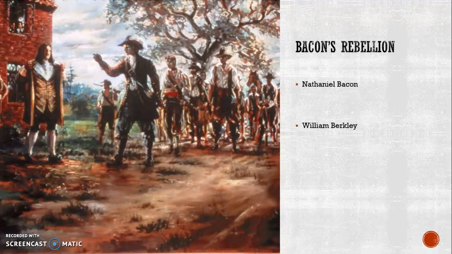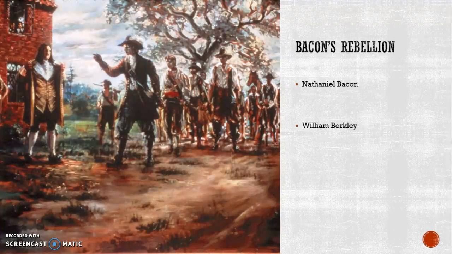Governor Berkeley encouraged the militia of Virginia, including Bacon and some of his men he's fighting with in some of these battles, to hold off on blatant Indian attacks, trying to keep the peace.